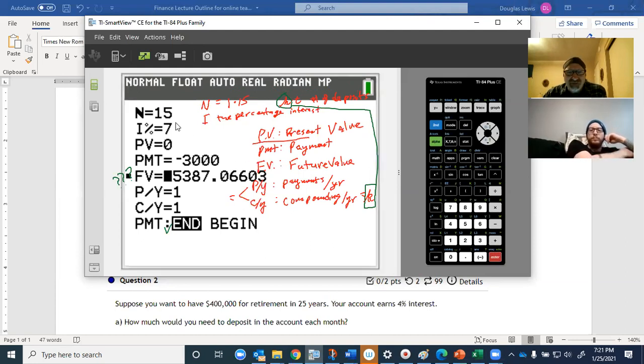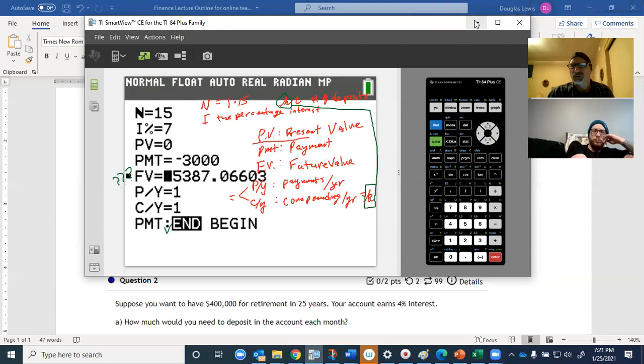That means for 15 payments at 7%, starting out with nothing and putting away 3,000 once a year, 3,000 per year, you get $75,387.07. So that's what our result would be.